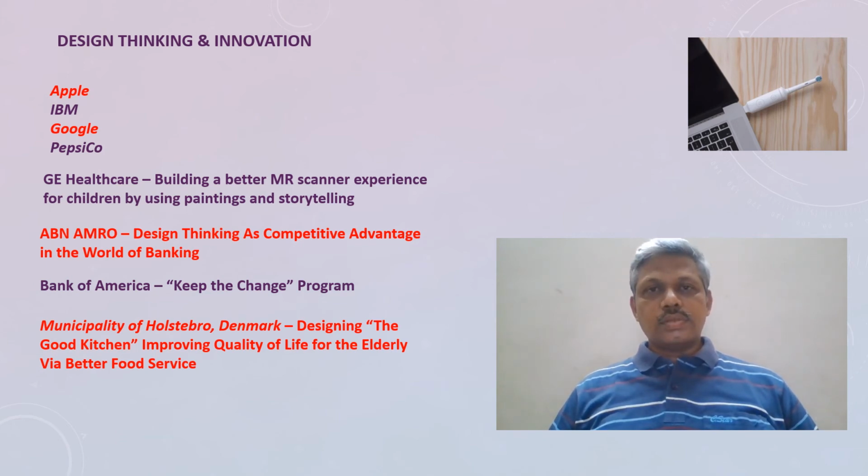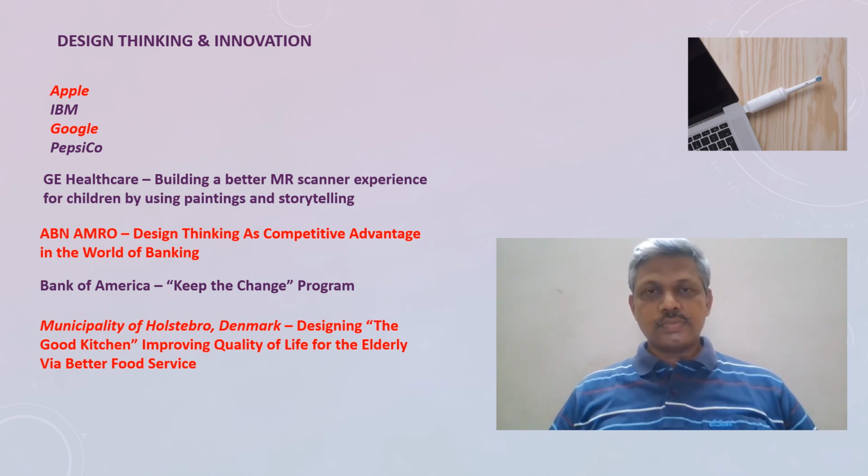And the success story of Bank of America proves how useful design thinking is. Based on these principles, they have restructured their approach towards customers, and it has resulted in 7 lakh new customers with this process.